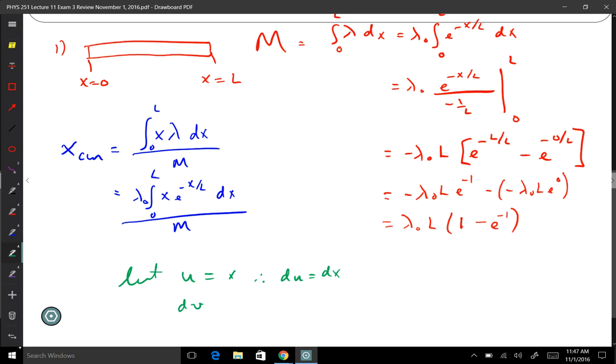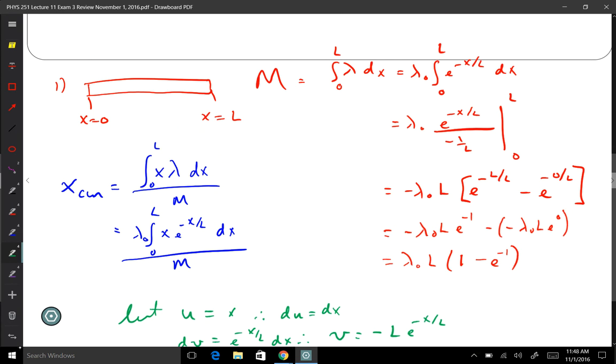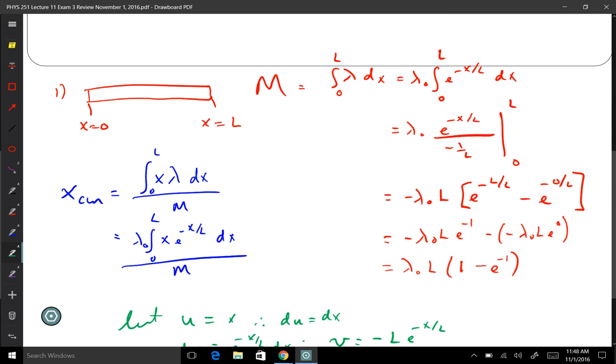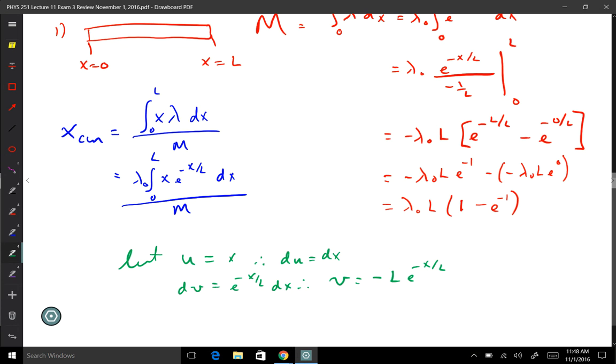Let dv equal e to the minus x over L dx. Therefore, v is equal to minus L. How do I get that v? From the integral that I just did right there. I already did the integral of e to the minus x over L dx, and so I just put that in.